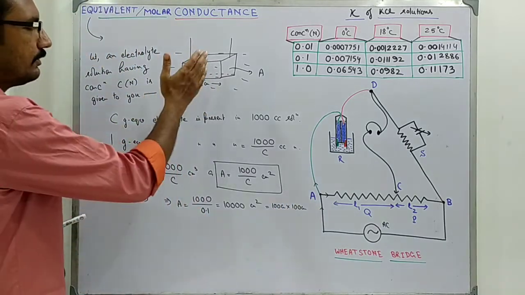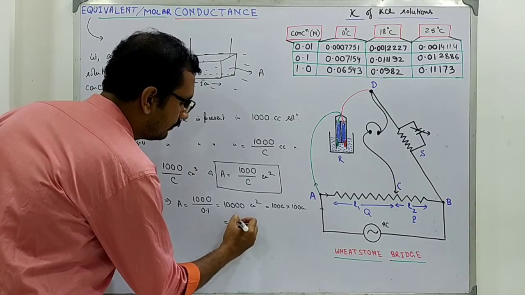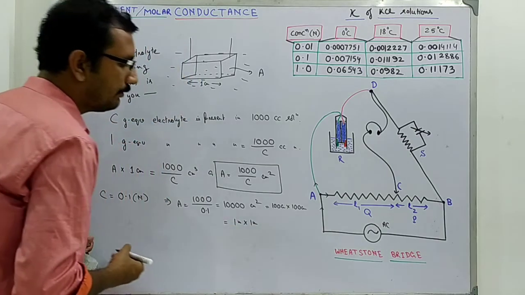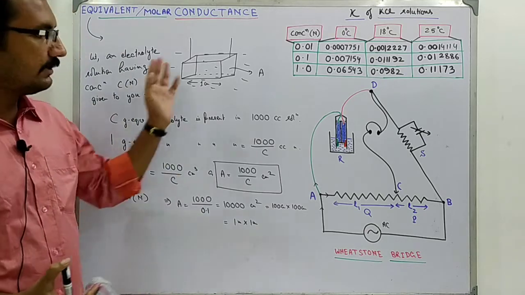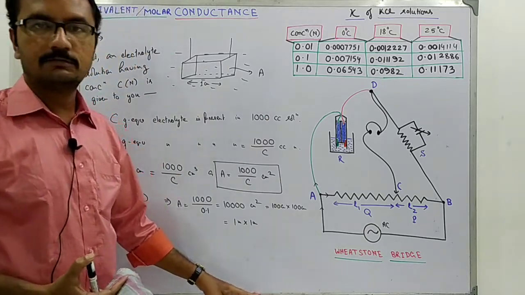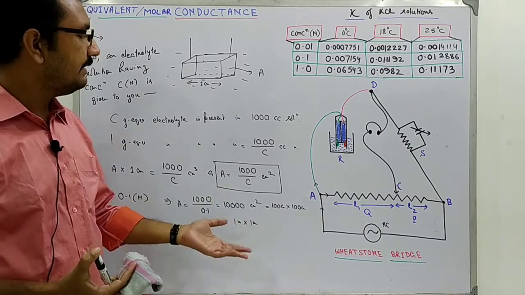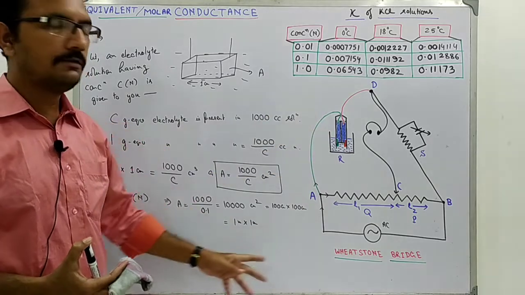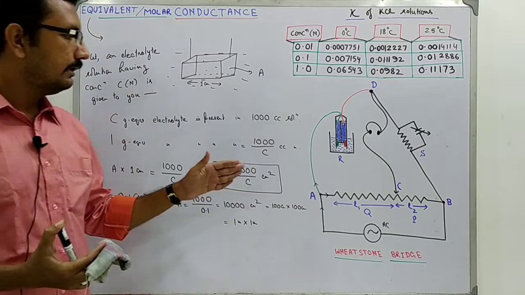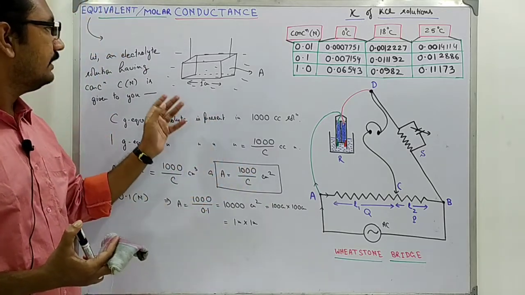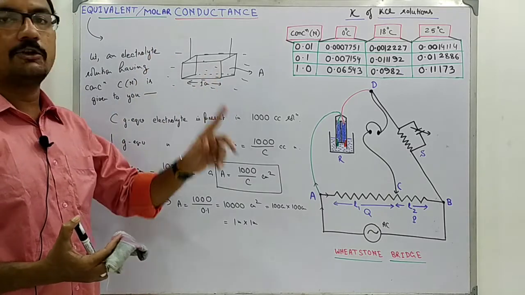So, if these electrodes are square in shape, it will be 1 meter by 1 meter electrodes. So, that will be almost equal to the size of this white board. So, can you handle an experiment having electrodes of this size? That is why I have told that an experimental determination of equivalent conductance directly will require electrodes of enormous size.